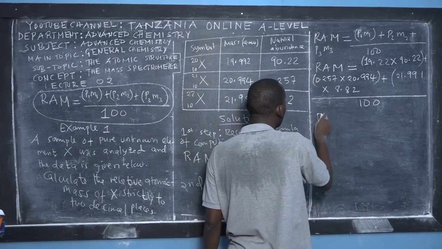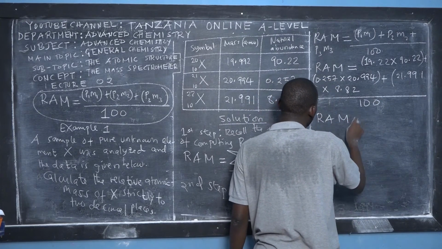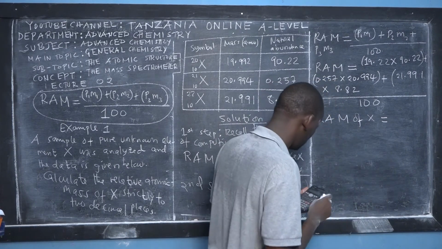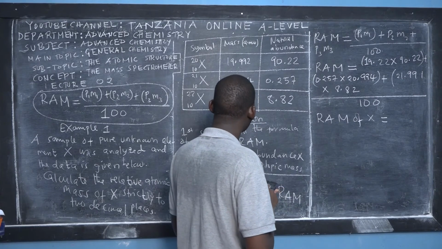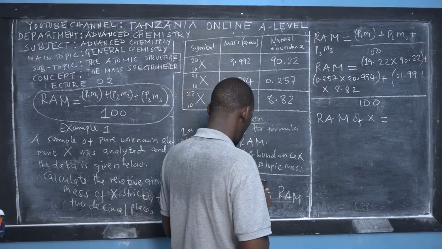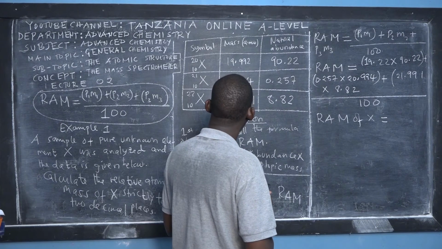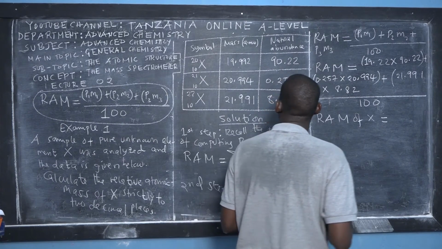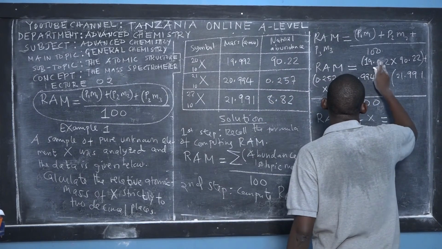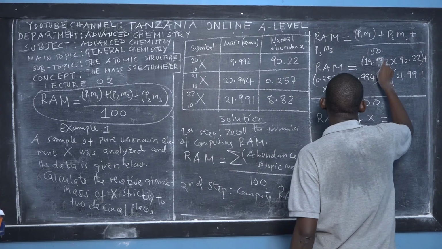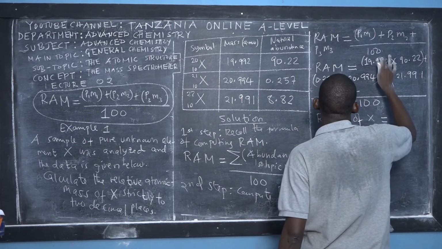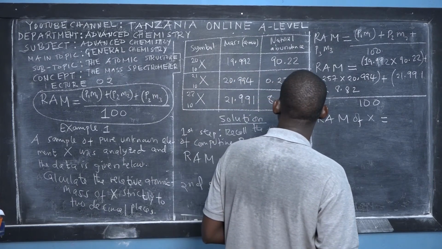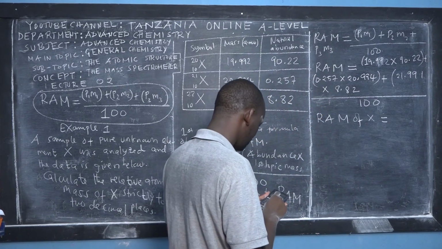So for 100, the relative atomic mass of element X will be equal to 19.992, I'm sorry, 19.992 times 90.22.